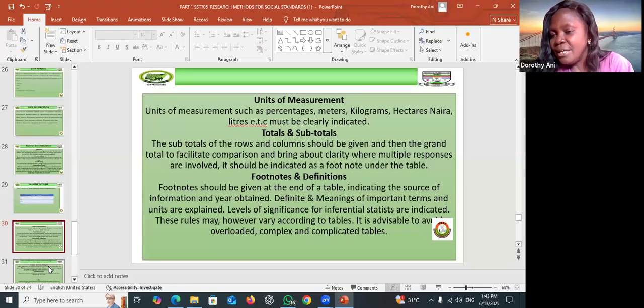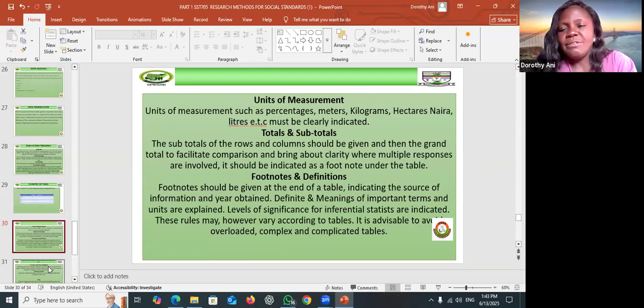And again, you will write the date, the year, or the time that the table came to be. You understand? Data analysis of 2025, or field data, or fieldwork, or anything that you are doing, you give it a date. That date is another indication.